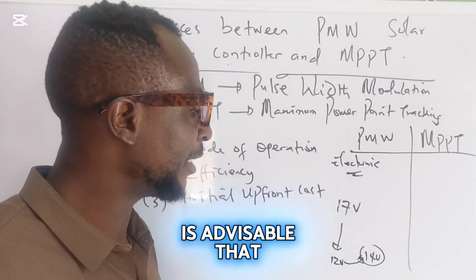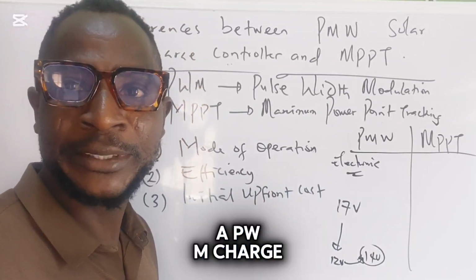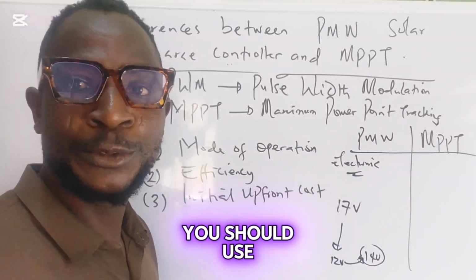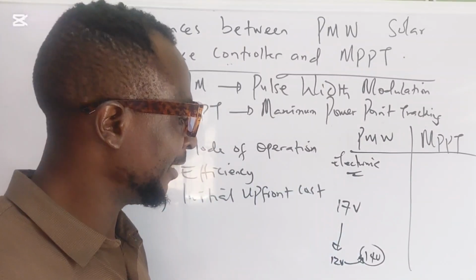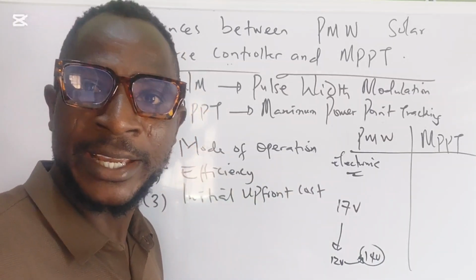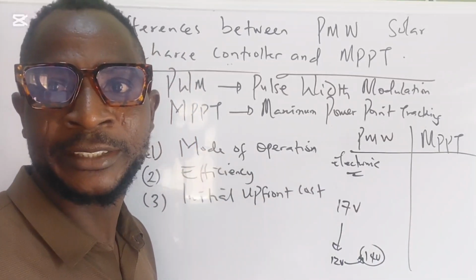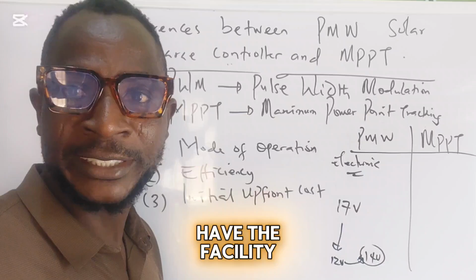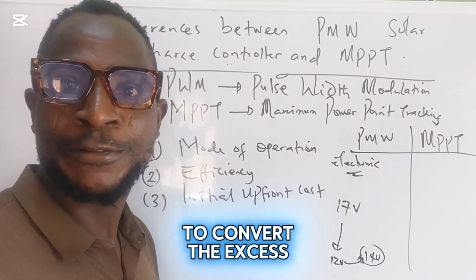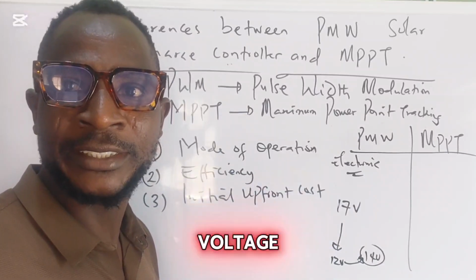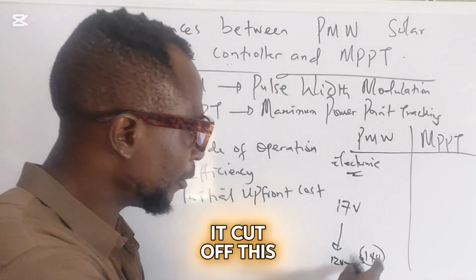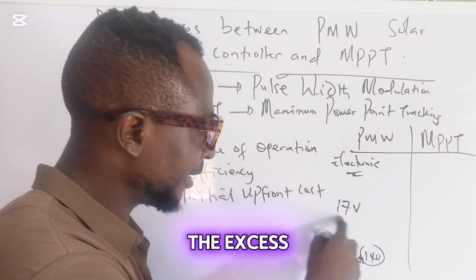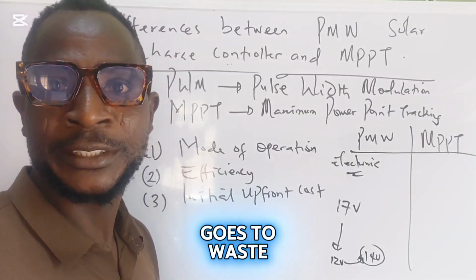So that's why it is advisable that if you are using a PWM charge controller, you should use a panel whose voltage is very close to your net battery voltage, because it does not have the facility to convert the excess voltage into usable current. So once it cuts off at 14, the excess goes to waste.